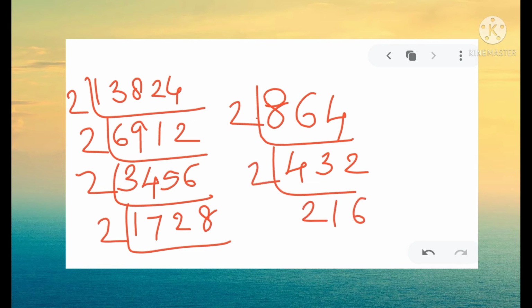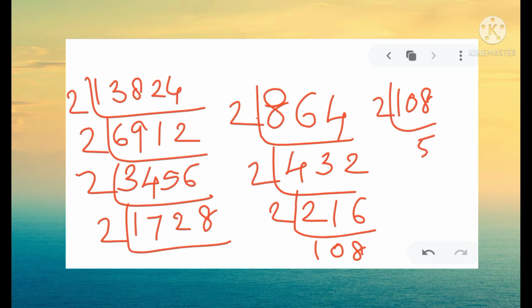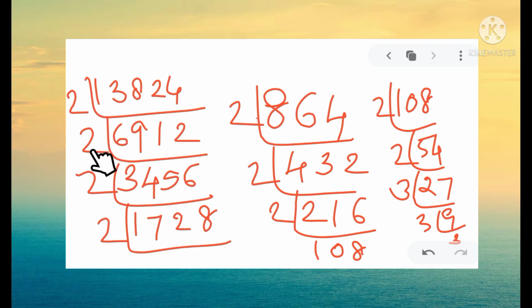Then 108. Again we can divide 108 by 2, 54. By 2, 27. It is divided by 3, 9. By 3, 3. So from this factorization we can see how many 2's are there? 1, 2, 3, 4, 5, 6, 7, 8, 9 and 3 3's are there.